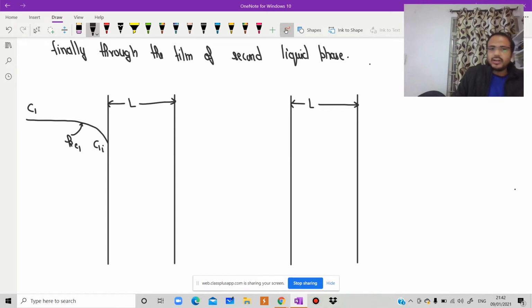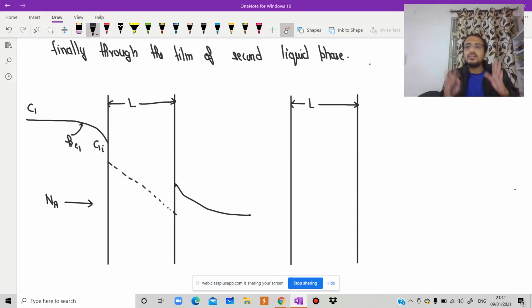C1i. I have already explained all these profiles in mass transfer operations. Remember that K. Then we have it like this, and then NA.